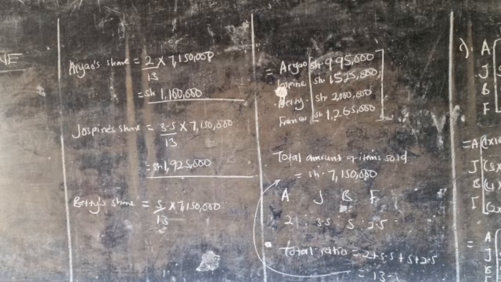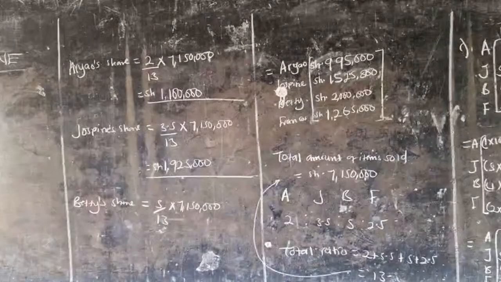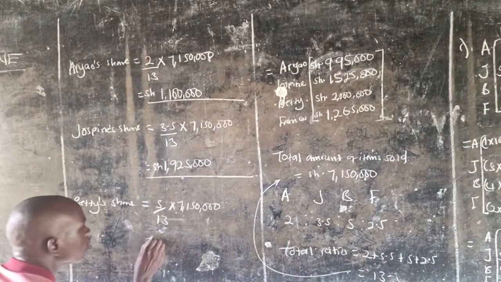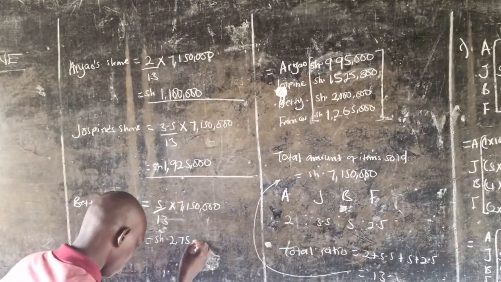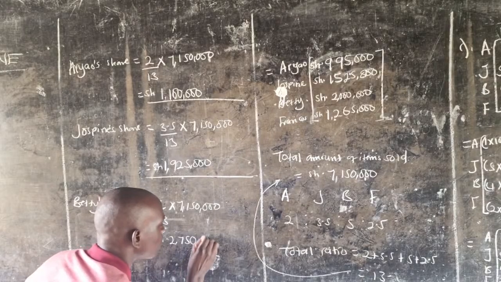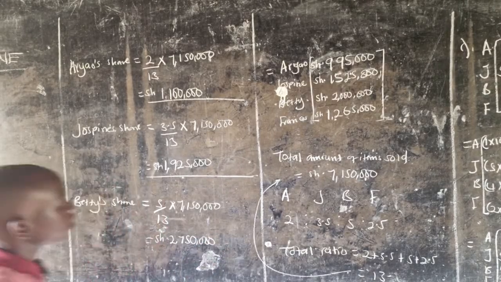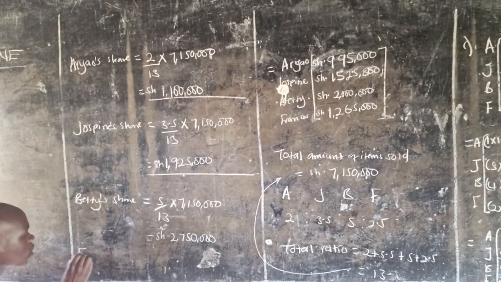However, we have to mathematically prove that. So you see that Betty's share is amounting to shillings 2,750,000, like that.